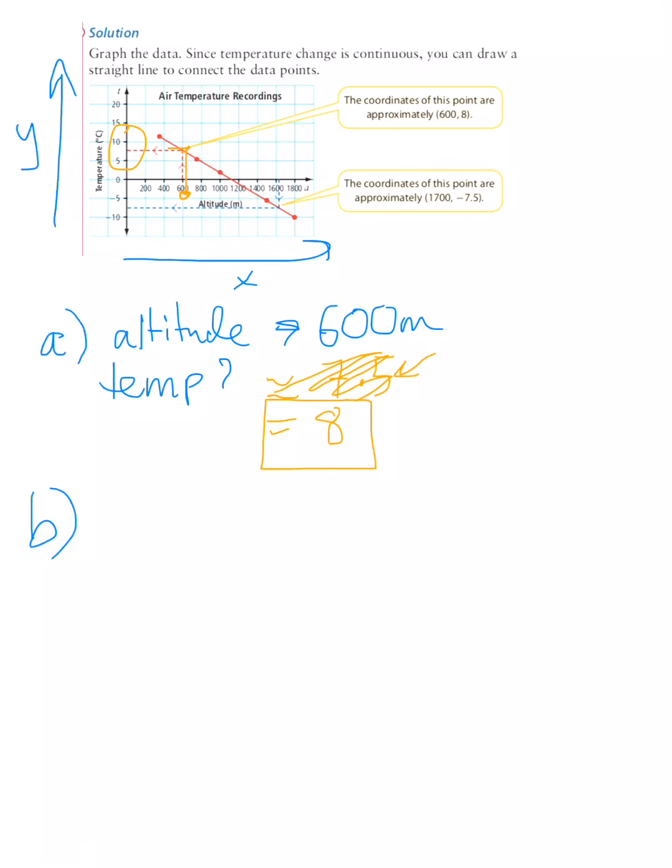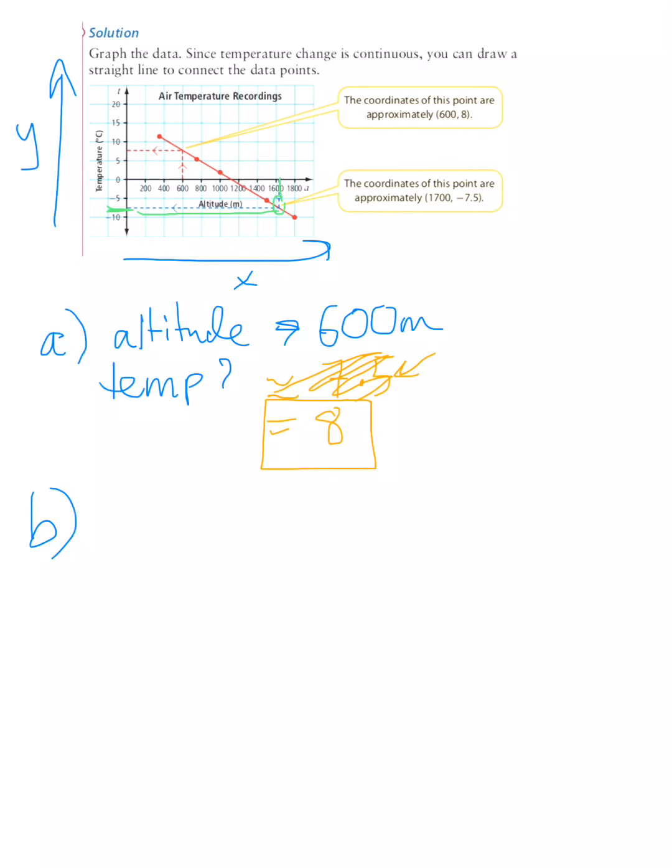says, what was the approximate altitude of the balloon at an air temperature of negative 7.5? So now we're sort of reading it backwards. So we're going to look at the graph. So when the temperature is negative 7.5, so you see this blue line here. When the temperature is negative 7.5, they drew it all the way across, and then we guess this value.